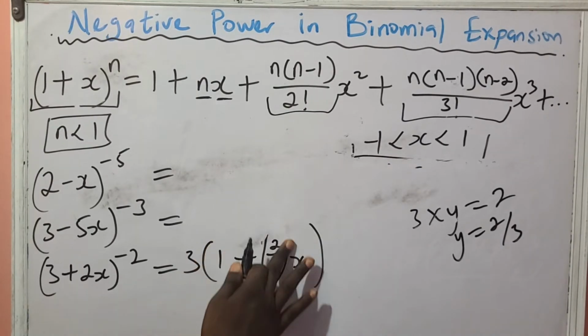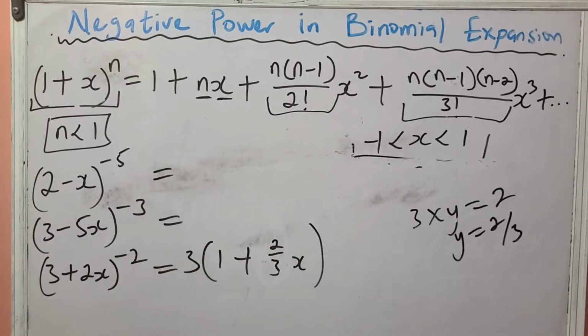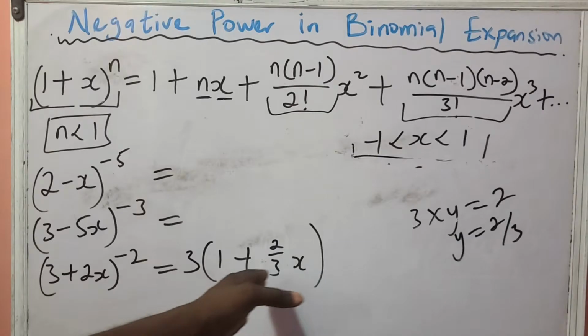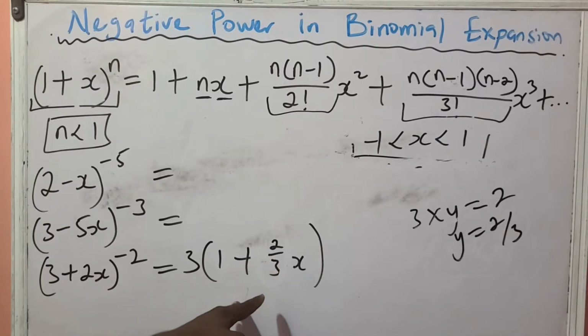Now you can see how much faster we get when you already know what you are doing. If you want to confirm your answer, am I correct or not, go on to expand what you have. You factorize 3 out and you add this inside.